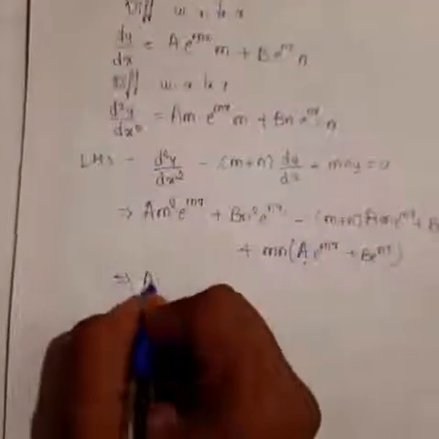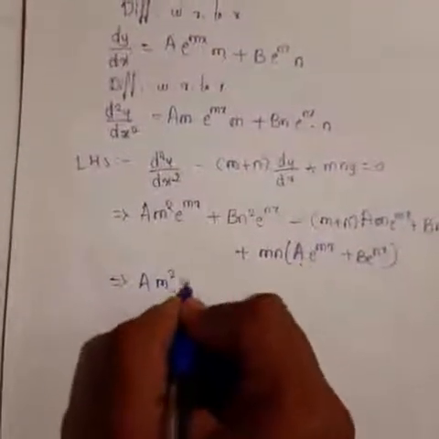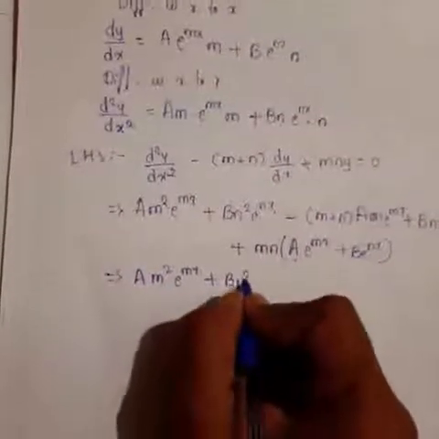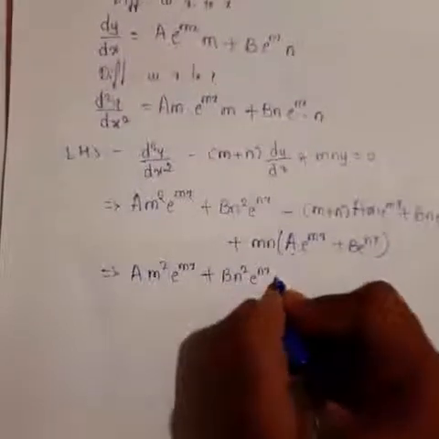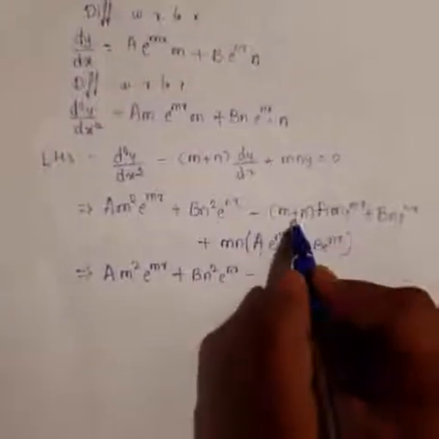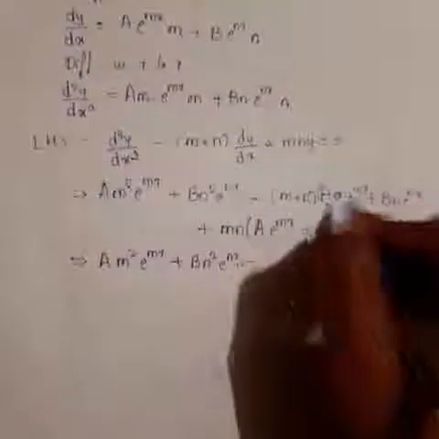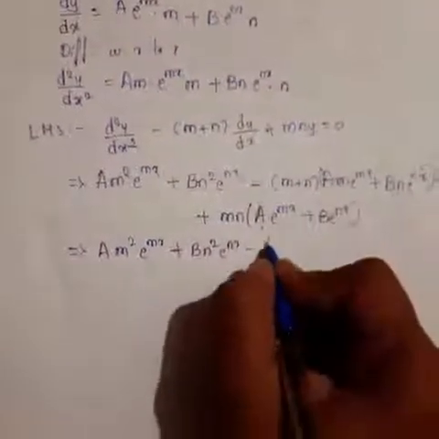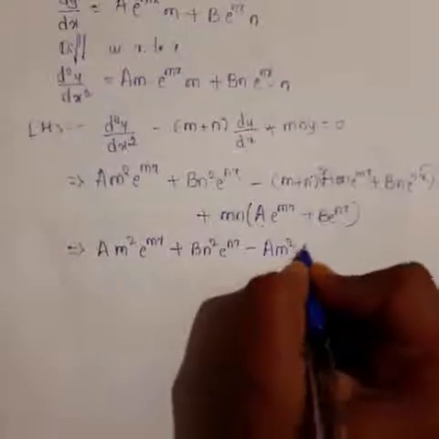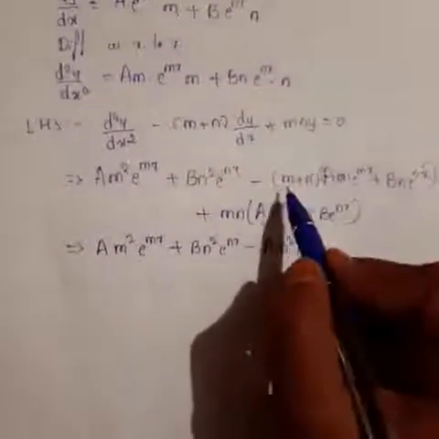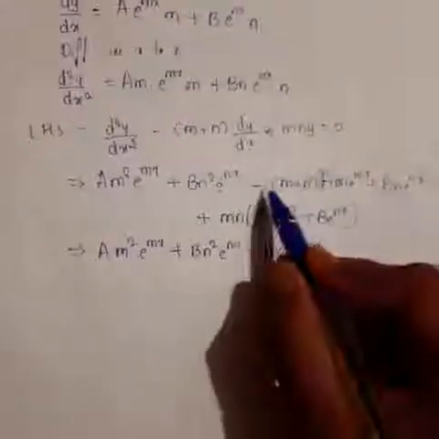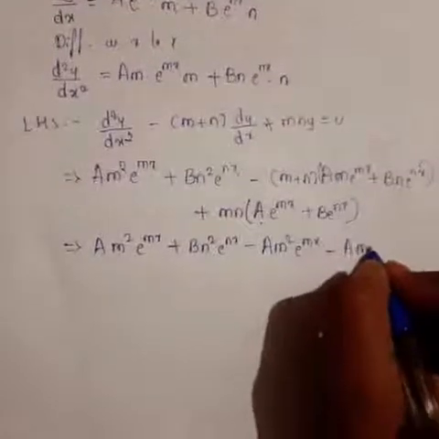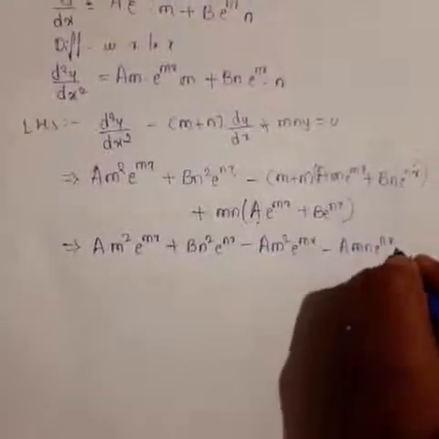a m square e raised to mx plus b n square e raised to nx minus, multiply these things, m into this first term means you will get a m square e raised to mx. Again m into this term means minus into plus, minus amn e raised to nx.